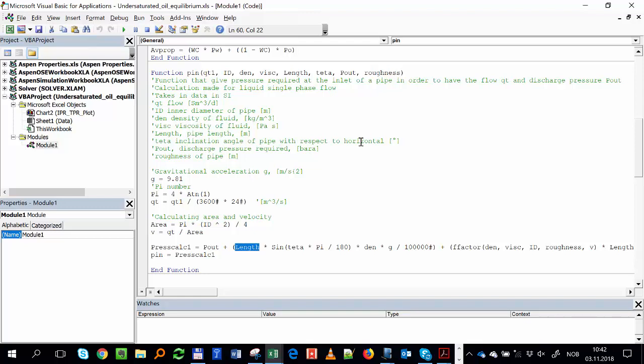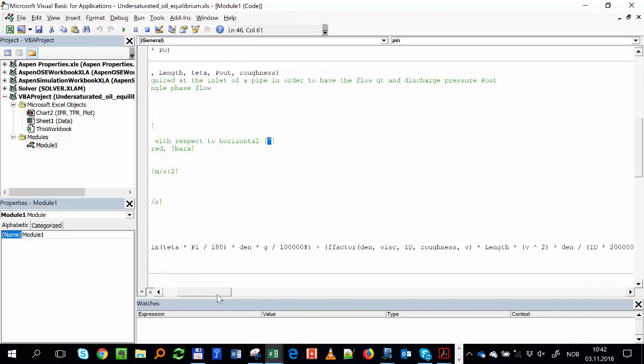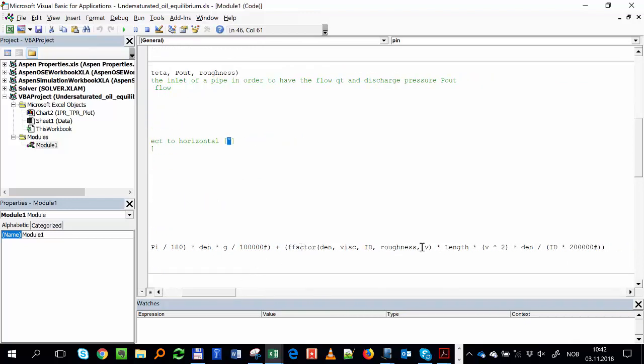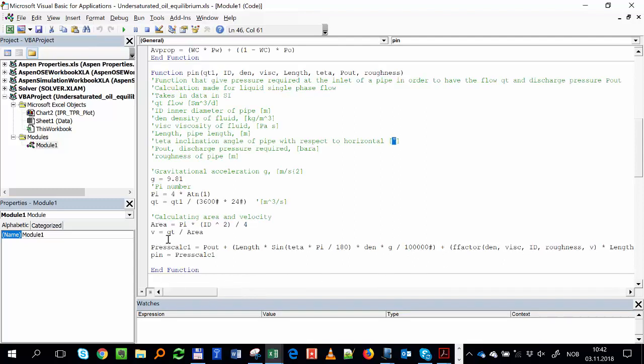The angle here is measured with respect to the horizontal, so be careful, and it should be in degrees. Then the density, and here I calculate the friction factor times the length, velocity squared, and the velocity I calculate with the rate.